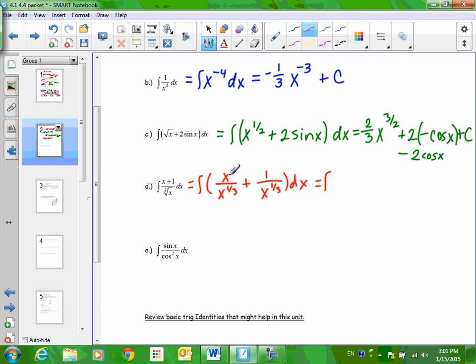All right, we need to do one more step of simplifying before we're ready to integrate. So right now, I have x to the 1 power over x to the 1/3 power. What are we going to do here to get just a single x? What's that algebra skill? So if you had like x to the 5th over x squared, what would that simplify to? X cubed.